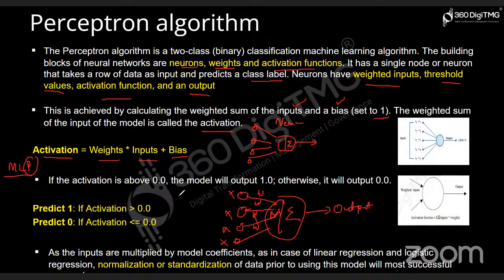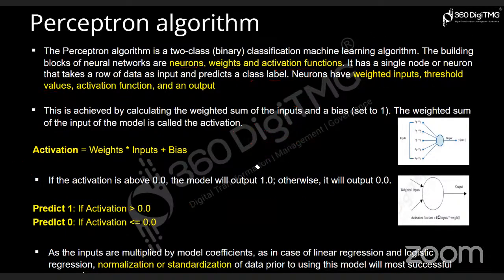Okay. So we can say WX into WX, so WX plus WX plus WX plus WX, the weighted sum of the inputs we are taking and adding the bias to it to get the activation. Similar to real neural networks.